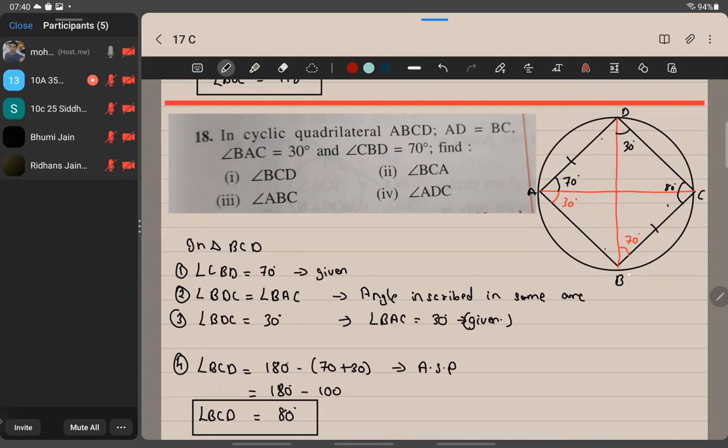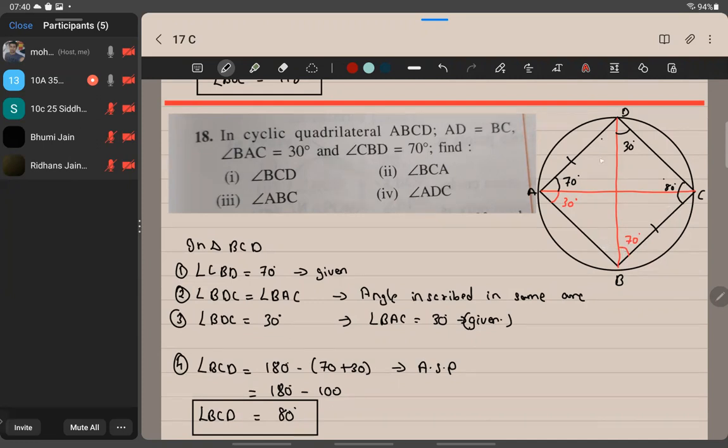ADC. Fisher, can you find any one of these angles?